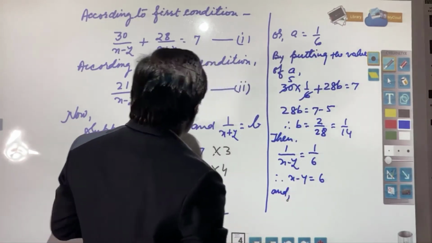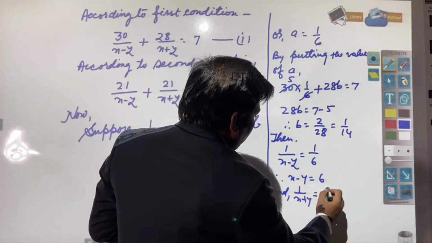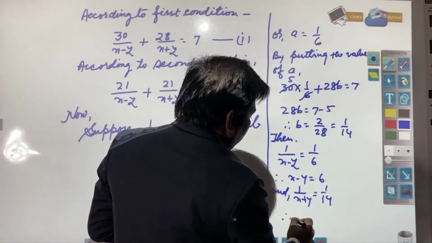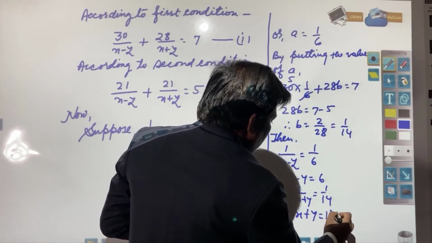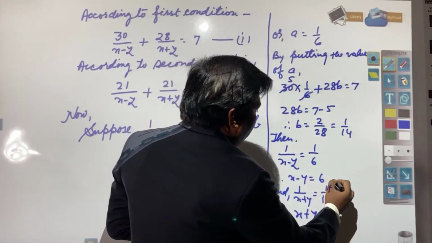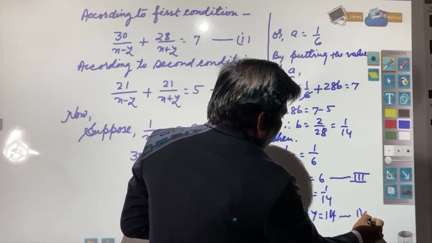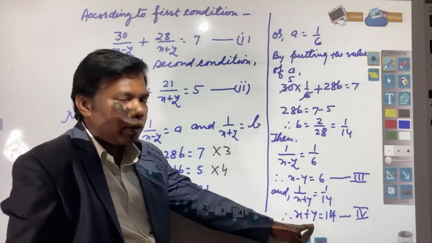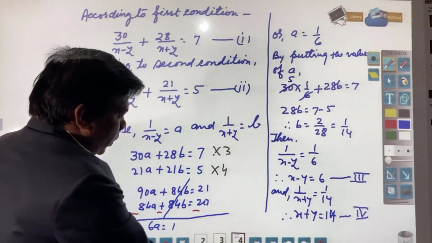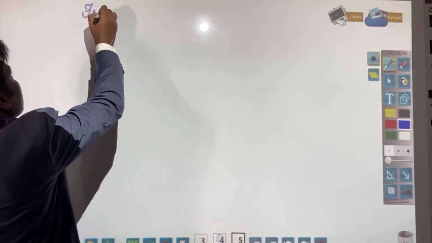And 1 by x plus y is equal to 1 by 14, and therefore x plus y is equal to 14. Now we have two equations again. Suppose this is the third equation, x minus y is equal to 6, and this is the fourth equation, x plus y is equal to 14.